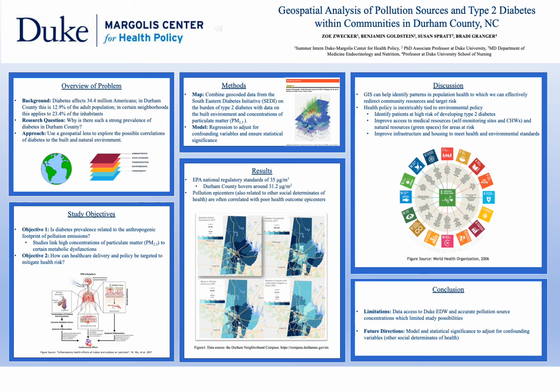So the things that we can really change here are improving access to medical resources. I did a lot of research on self-monitoring sites and community health workers, but also providing natural resources like improved access to green space for areas that are high risk.